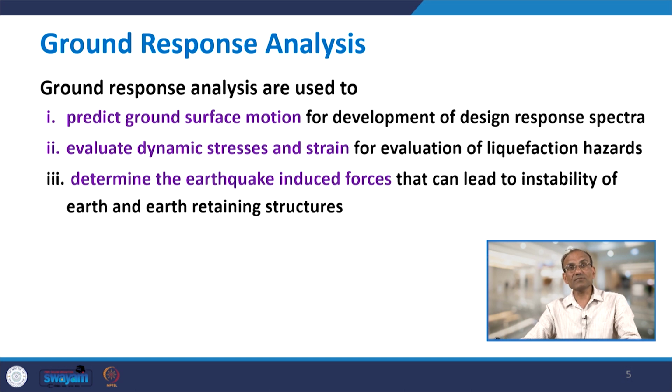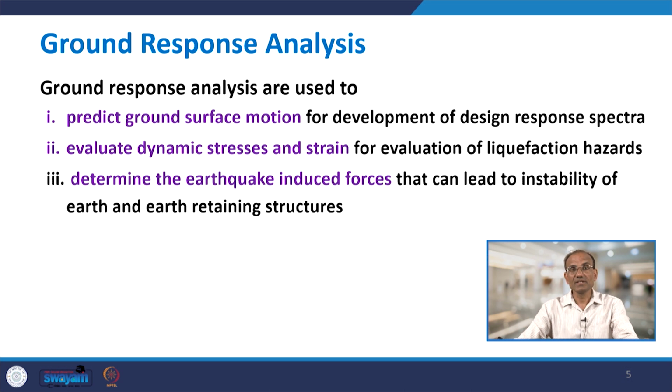Now the issue is this: why is ground response analysis important, where is it used? It is used to predict ground surface motions for development of design response spectra. Design response spectra are used in the design of foundations and structures, and for that we need to first carry out the prediction of ground surface motion.